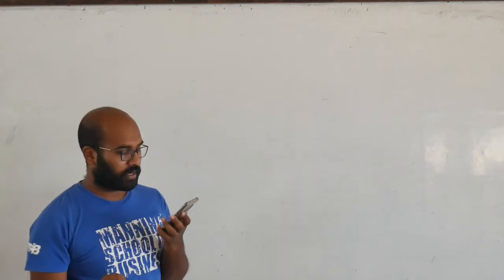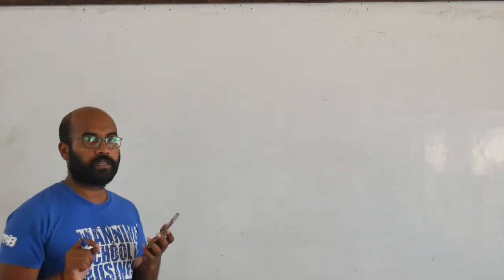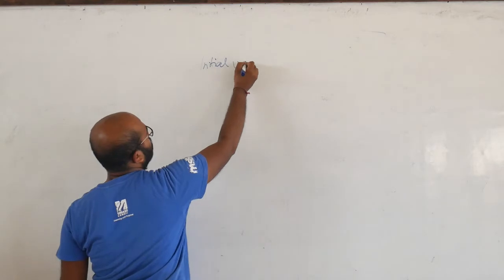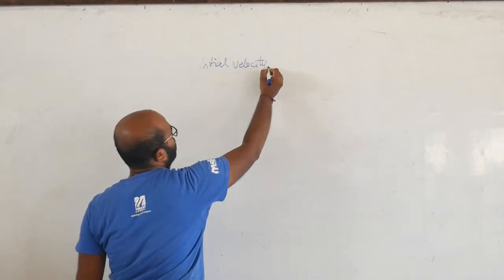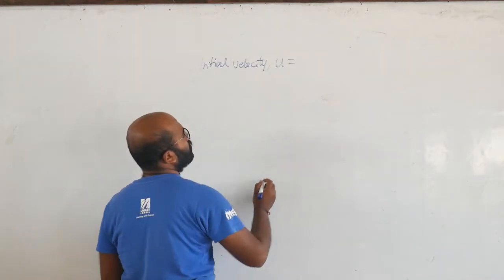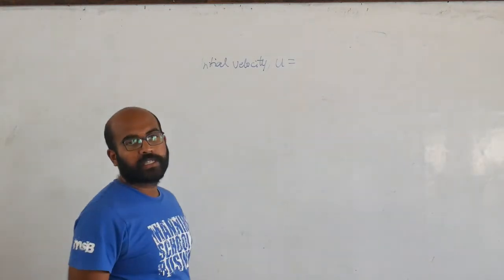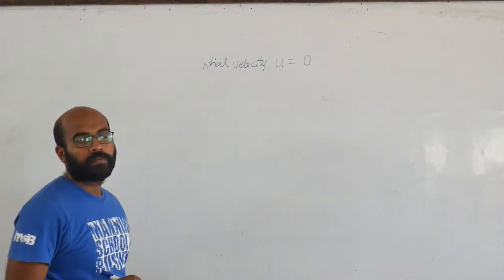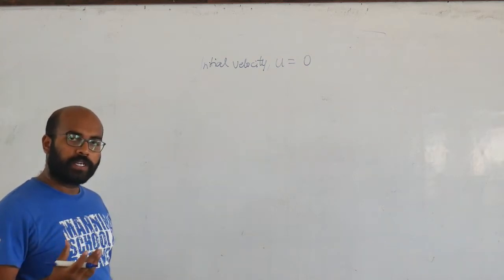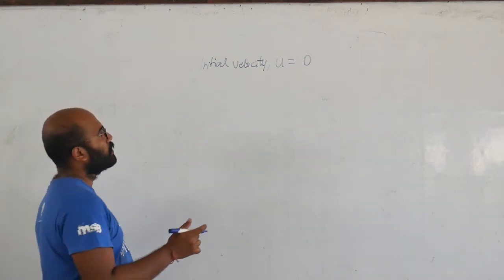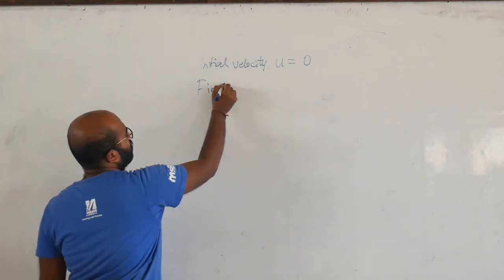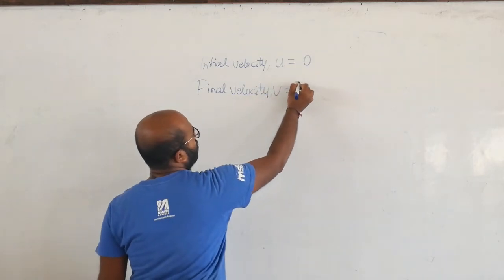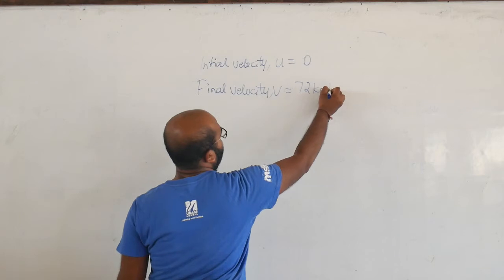So the train is starting from rest, and since it is starting from rest, the initial velocity u is 0. It attains a velocity of 72 km per hour, that is the final velocity v, 72 km per hour.